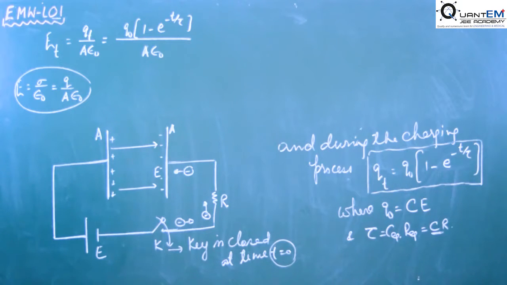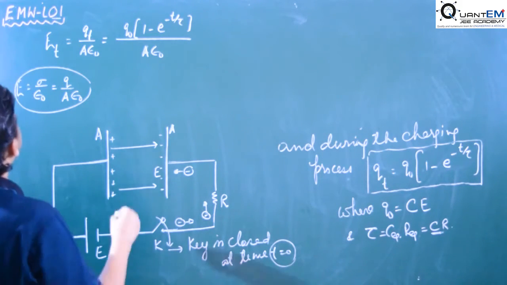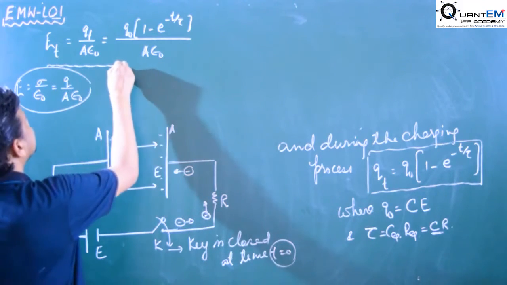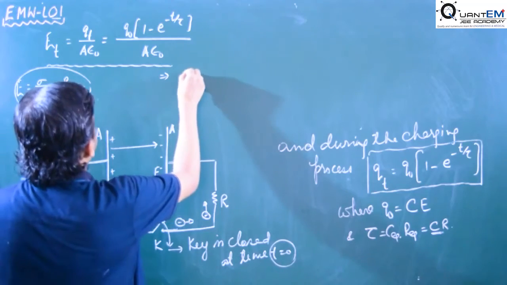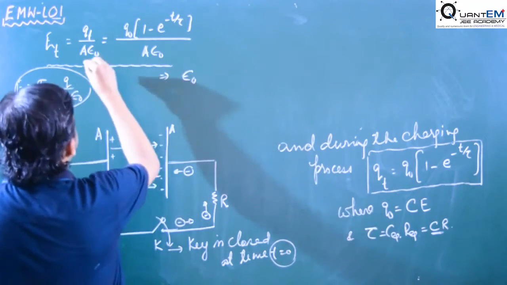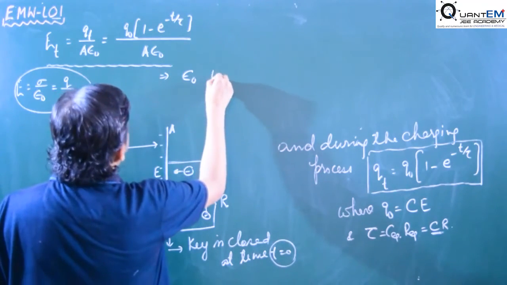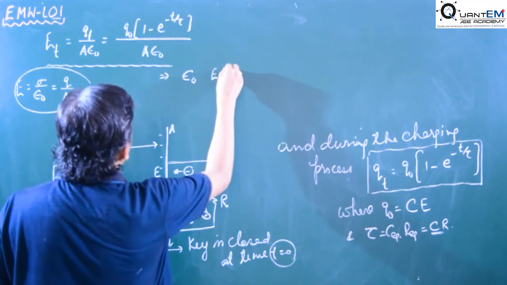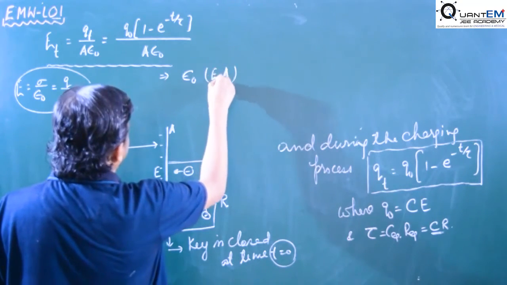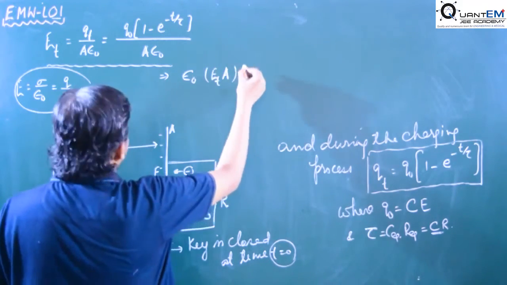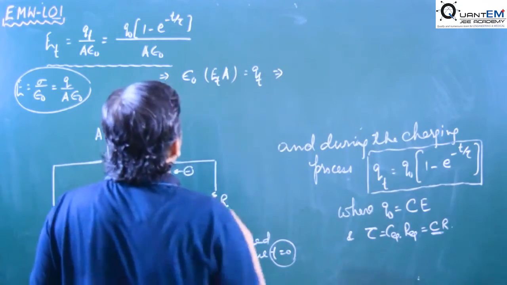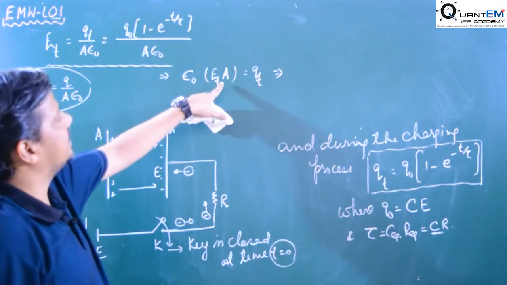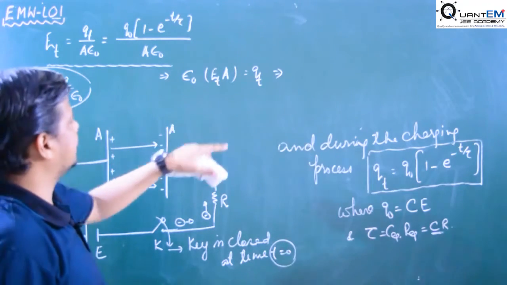Now see, from here you may write epsilon naught into electric field into area, the electric field at any time t, and that is equal to Qt. Electric field into area, that is the electric flux.